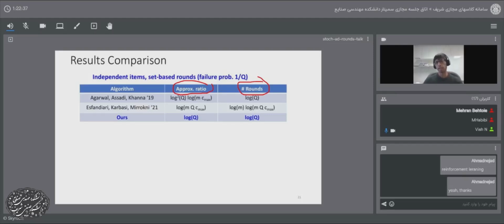Our result gets a single logarithmic factor for both the approximation ratio and the rounds. We also eliminate the unnecessary dependence on things like the maximum cost of an item and even the number of items. We have dependence only on the target value Q.